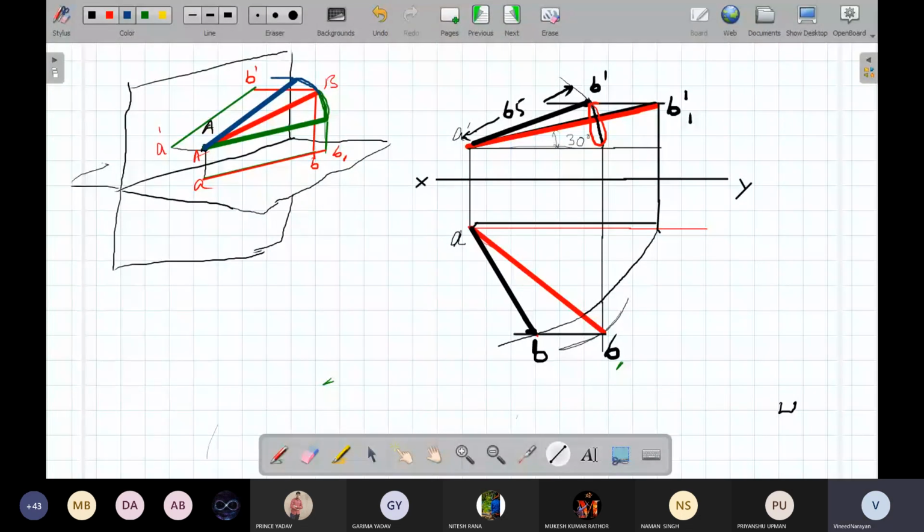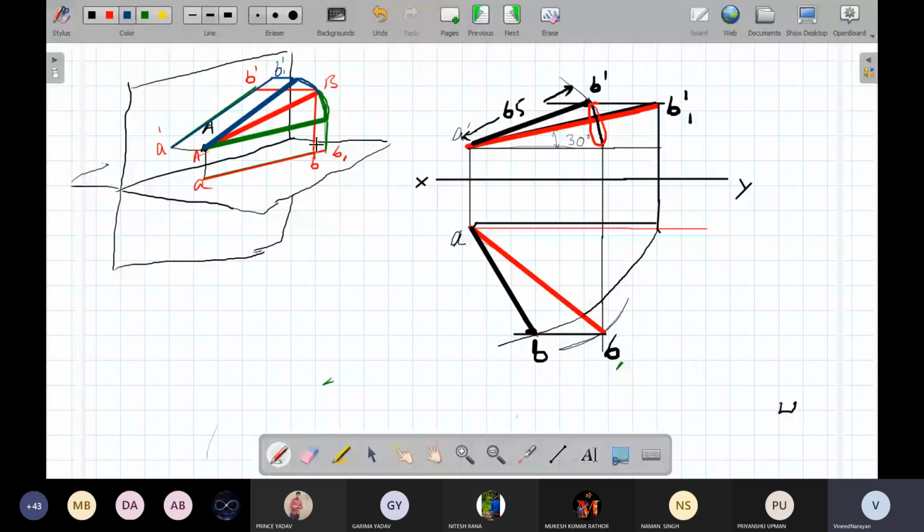it may be somewhere here, and the new line will be this one. This is my B1. See, this A dash B dash and A dash B1 dash will not be on the same line, or they are not parallel, but because I am drawing here without any scale, it is becoming parallel.